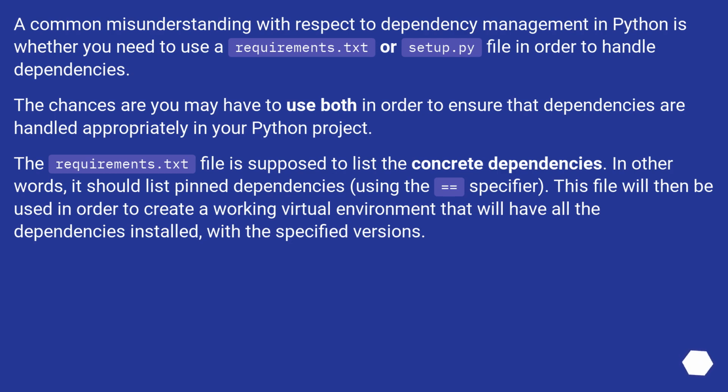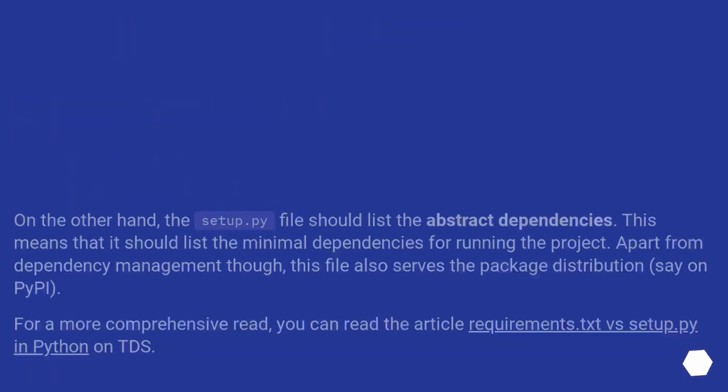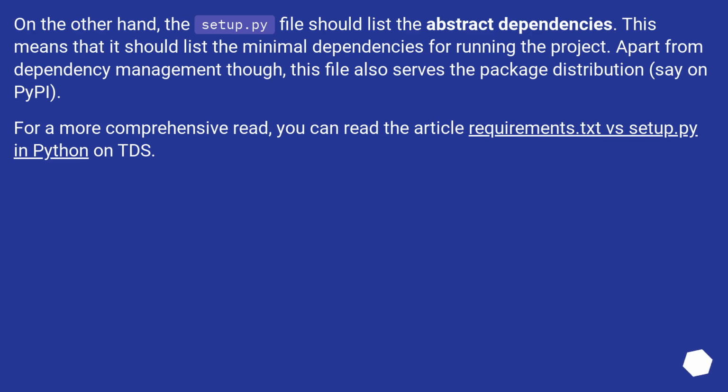In other words, it should list pinned dependencies using the equals specifier. This file will then be used in order to create a working virtual environment that will have all the dependencies installed with the specified versions. On the other hand, the setup.py file should list the abstract dependencies.